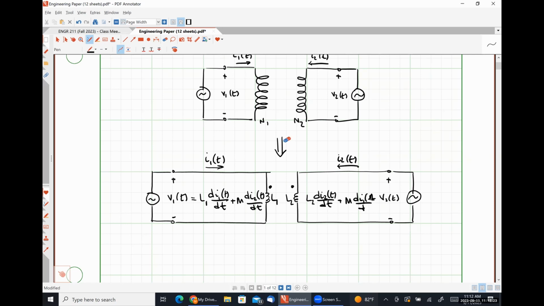And the last thing that I need to add here, I'm going to erase this to give myself a little bit of space, is I'm going to draw a set of arrows and put an M between these two coils. Okay. Well, a double-headed arrow points to the two different coils that have that shared mutual inductance term.